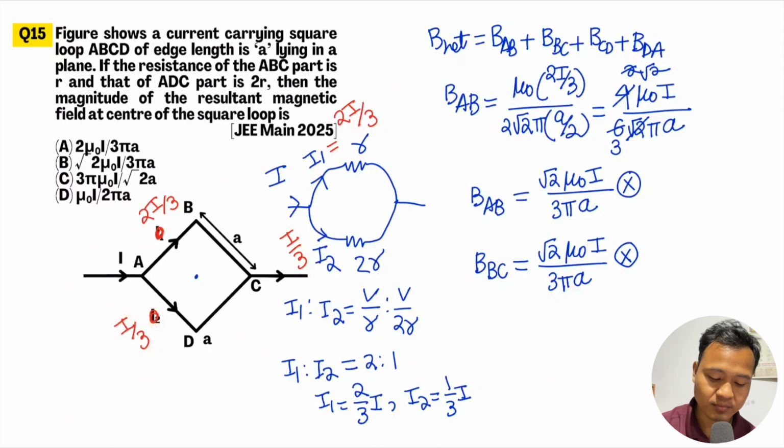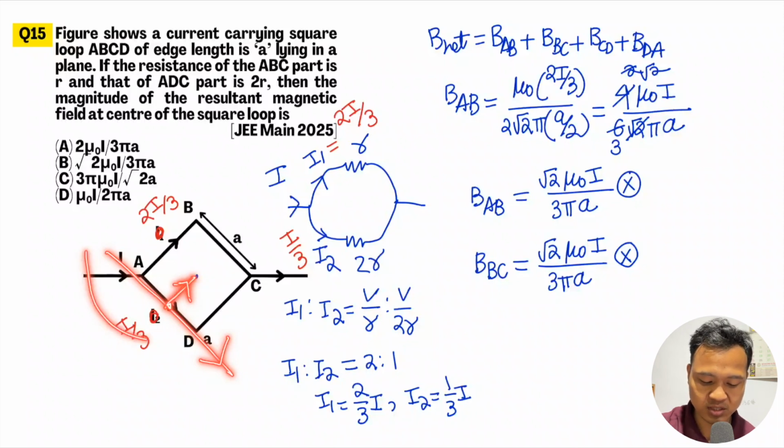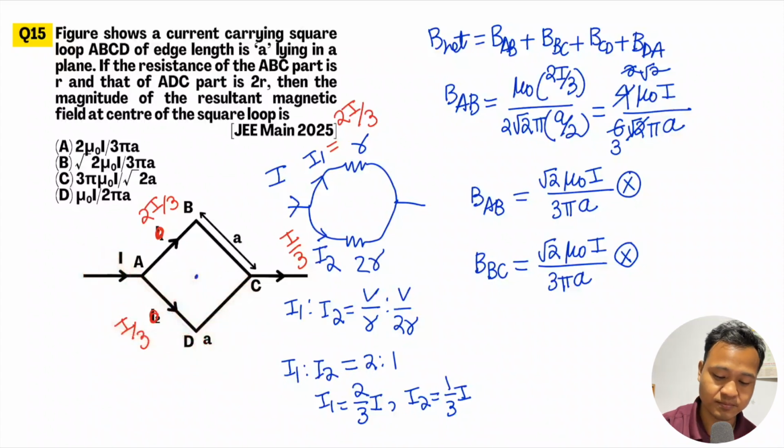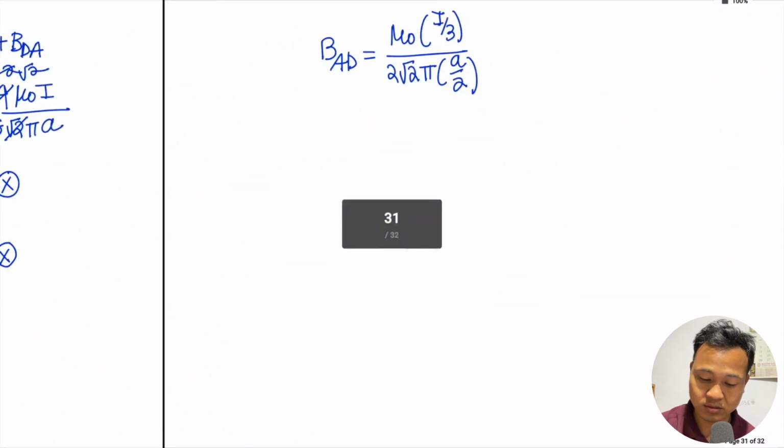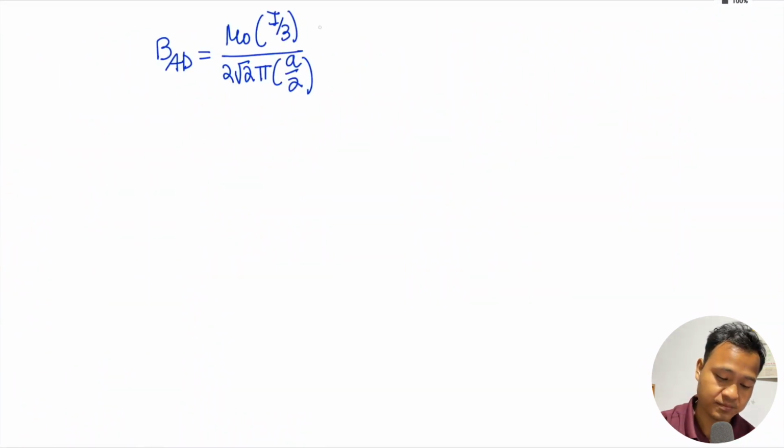Now the direction. So dL is along the side. Okay, so r is from the wire towards the given point, so you have the curl like this. If you curl your right hand like this, it will be pointing outwards. So it will be outwards.